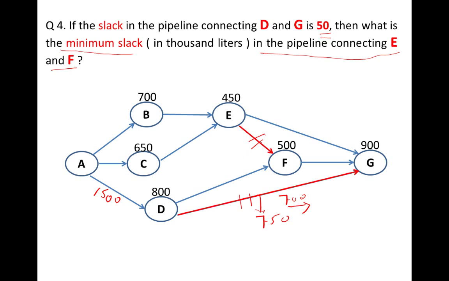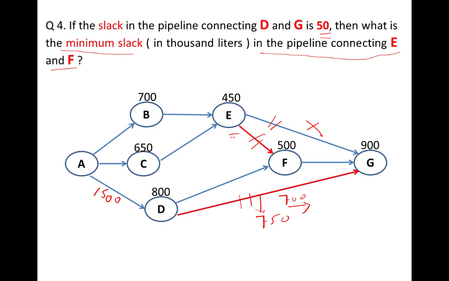Minimum slack. To minimize the slack, I have to maximize the flow of E to F. So whatever the requirement to G which comes through E, instead of passing through this one E and G, I will not pass from here.